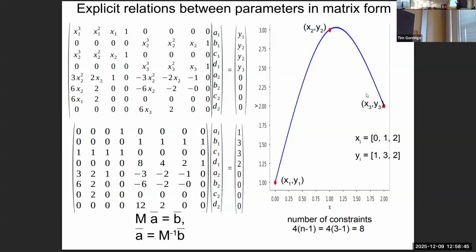So upstairs on the left-hand side is enumerating in matrix form the 8 equations that constrain the 8 coefficients in our cubic spline to our 3 data points.